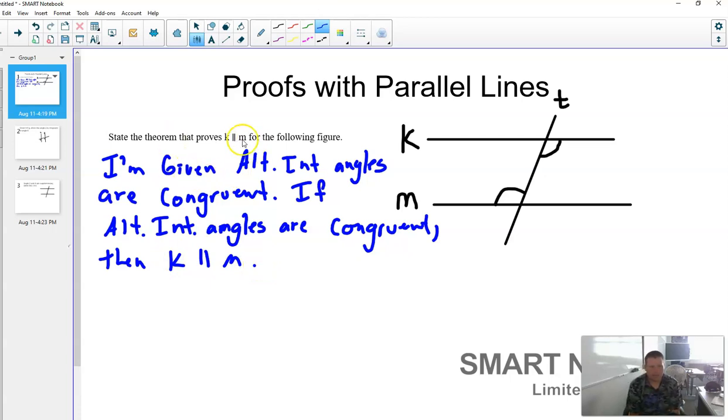That's what this problem's telling me. And remember, if these two are congruent, then I can conclude that they are. Just because they look like they are parallel, that's not enough. You've got to have proof for that, and my proof is what I'm given here. And that's all I'm going to do. I'm going to put what I'm given, and then I'm going to make a conclusion like if this, then that. Okay? Let's look at another example.